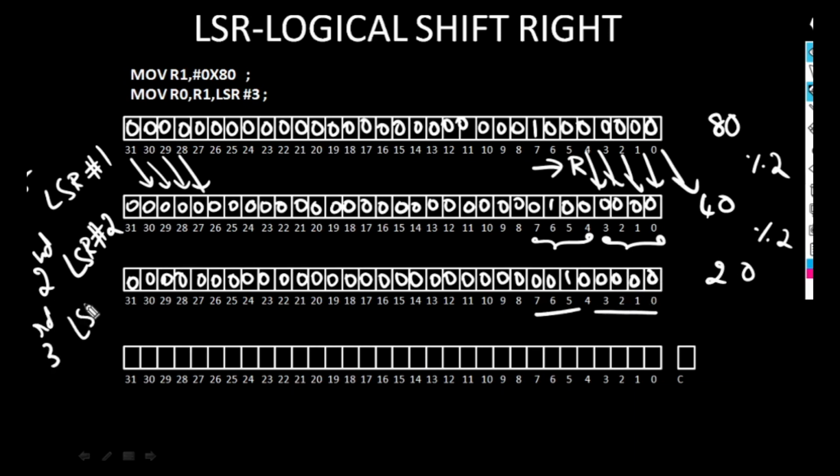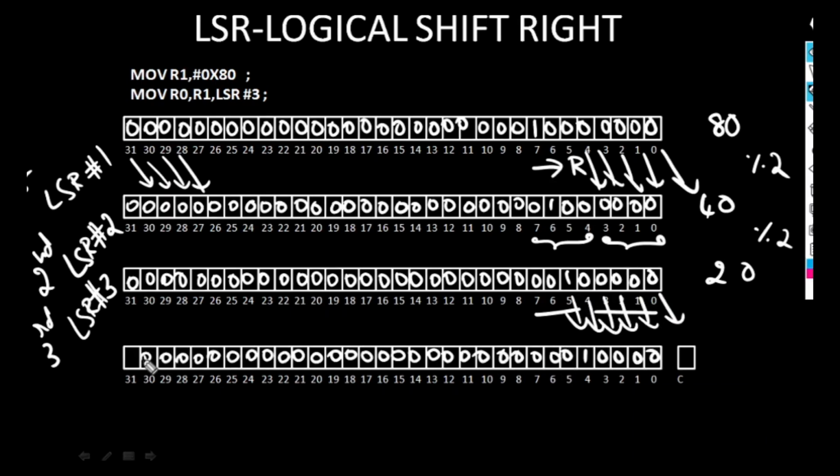That is nothing but LSR #3, and our expected output is again shifted towards the right side. So this will come here and all this will be 0. So what is this? This is nothing but 0 and this is nothing but 1, which is 10, which is nothing but the divide by 2 operation happening on this particular data.